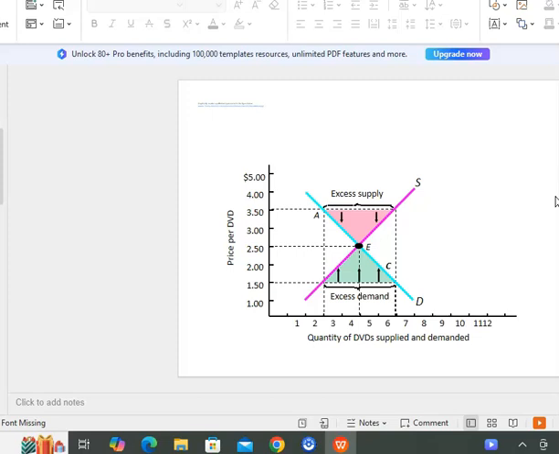Because when the price is high, it can lead to inflation. But even when the price is low, it can also lead to deflation, where there is a slow decrease in prices, which can lead to slow growth in an economy.